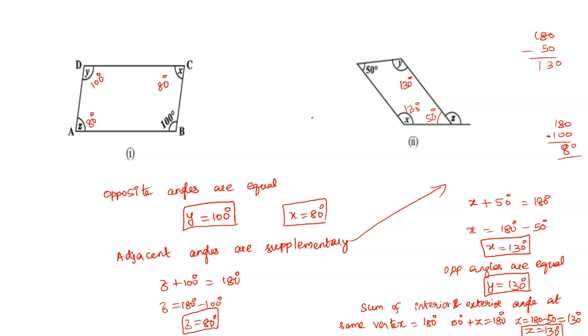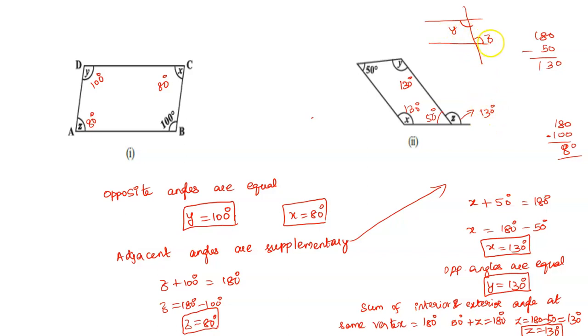Or else we have another property: when we have two parallel lines and a transversal across them, the alternate interior angles are equal. Using that also I can find z.